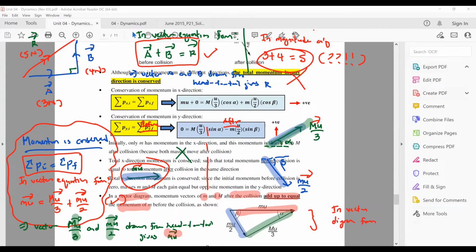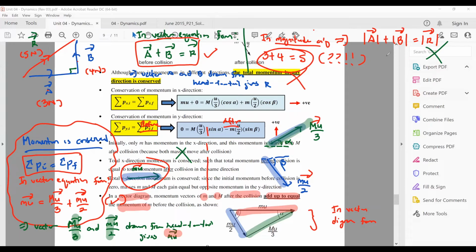Okay, yeah, from here, in vector equation form, this one is correct. In magnitude only, I cannot say that magnitude of vector A plus magnitude of vector B will be equal to magnitude of vector R. This is wrong.